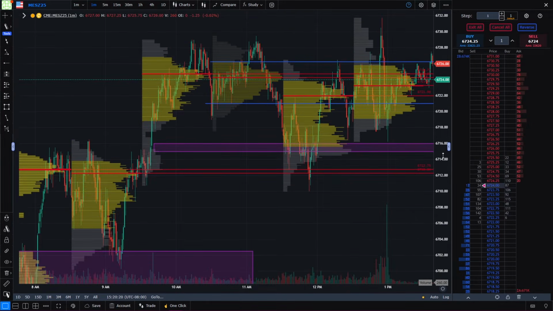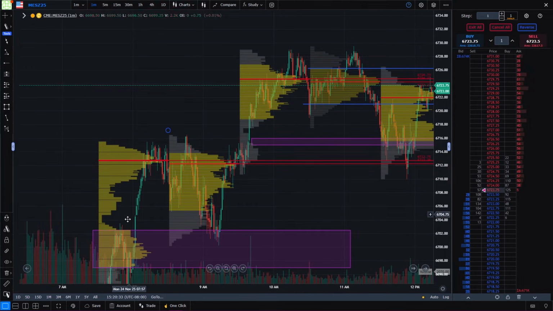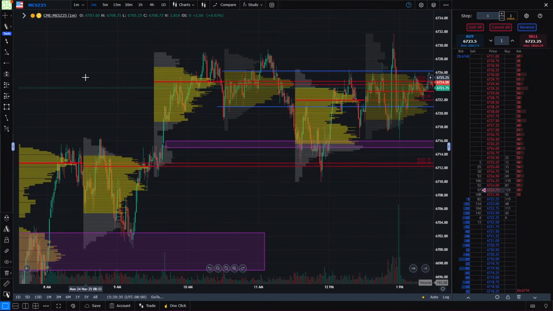When the market pushed down after reaching new highs, it came down and it took out the previous POC from this volume profile and also this volume profile. So these two volume profiles had a POC that was fairly close, which means the majority of the contracts traded right at these two prices.